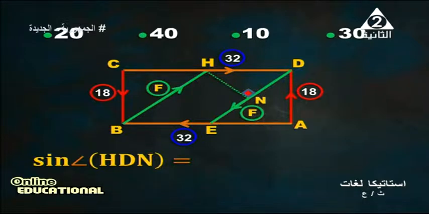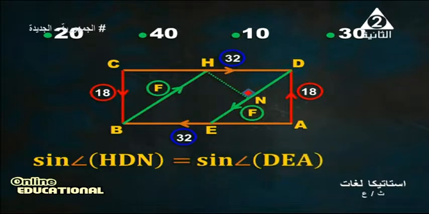Angle HND is a right angle, but the sine of HDN equals the sine of DEA. Why? Because CD is parallel to BA, by using alternate angles. Sine of angle DEA equals AD over DE, opposite over hypotenuse, 6 over 10.